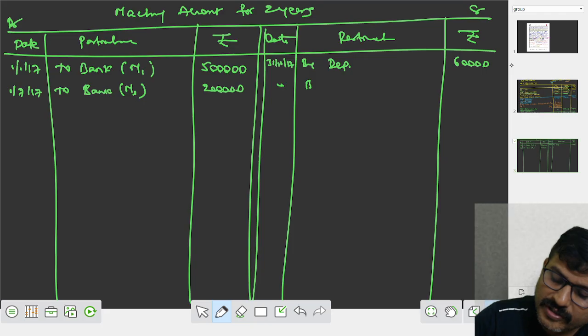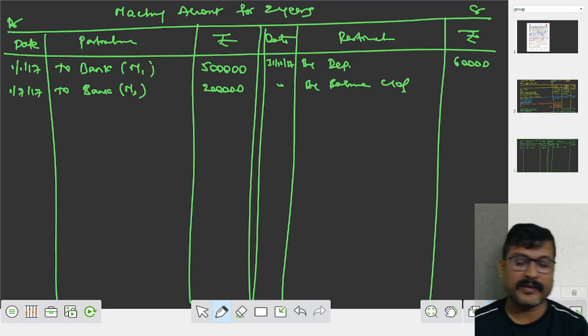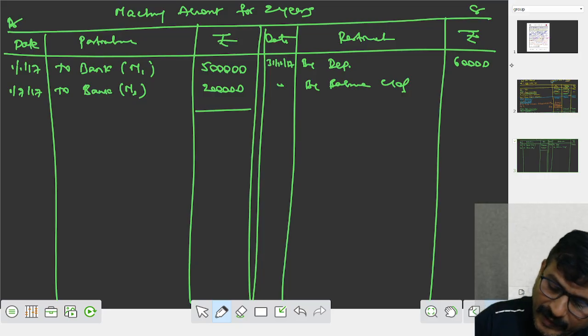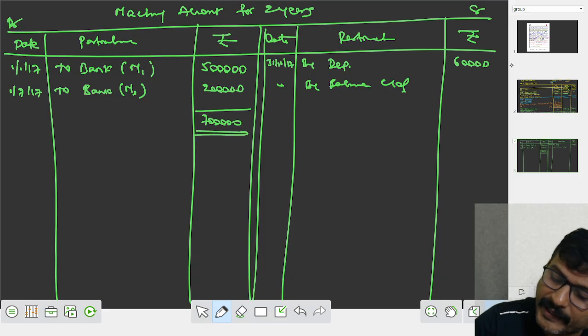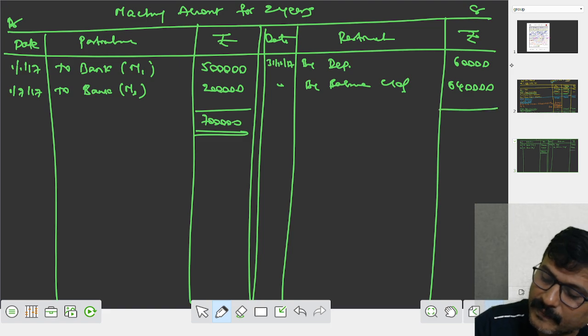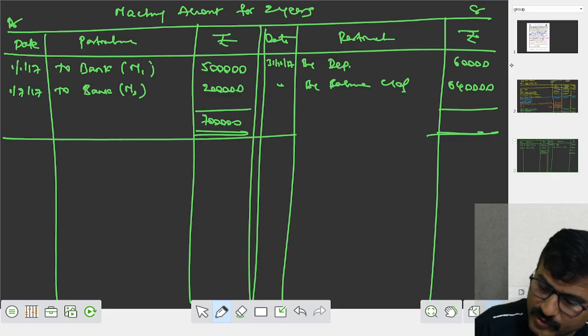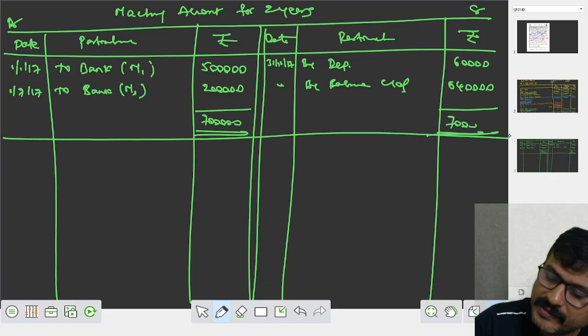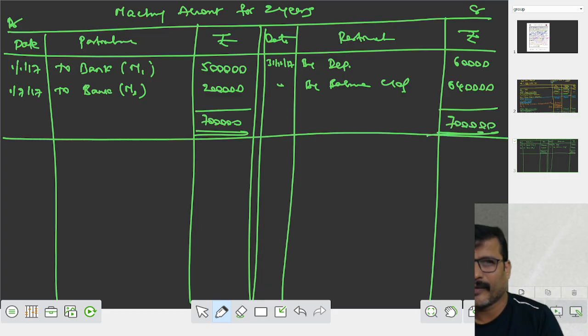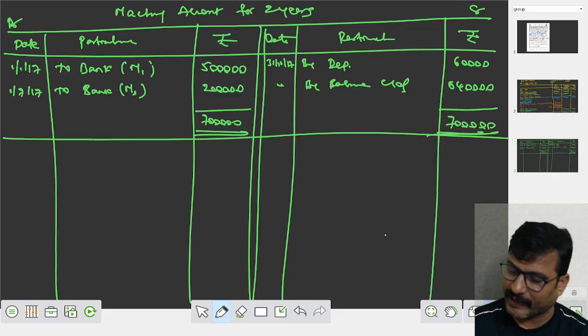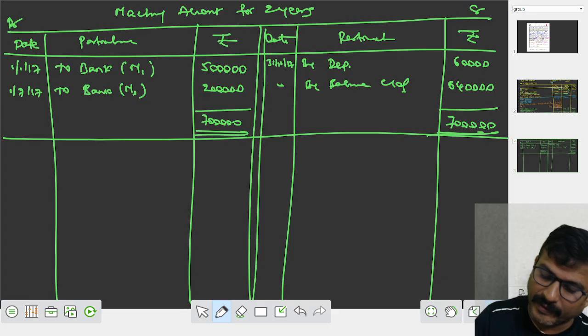Now you put a dash, date, by balance carry down. See here we have a 7 lakh total. Out of 7 lakh subtract 60,000, it comes to rupees 6 lakh 40,000. Now you close completely, it comes to rupees 7 lakh. Did you understand? It is having some manual work, more of manual work.